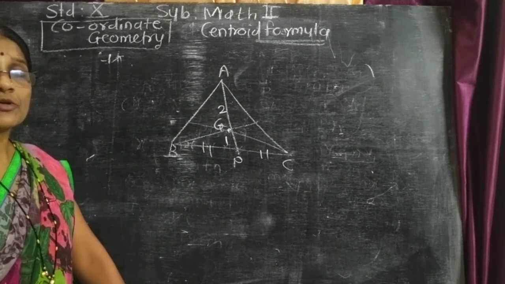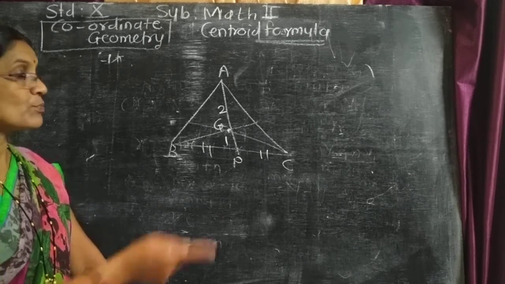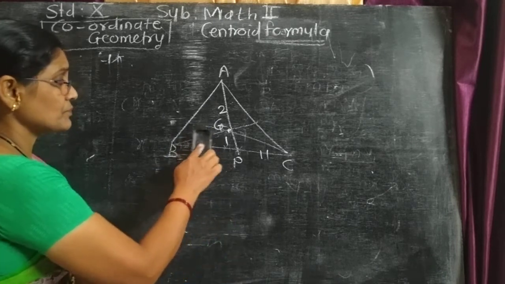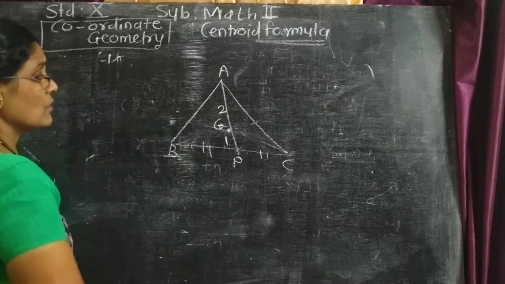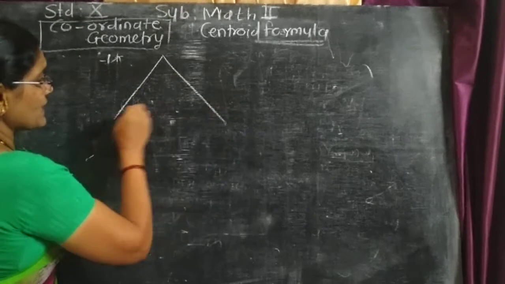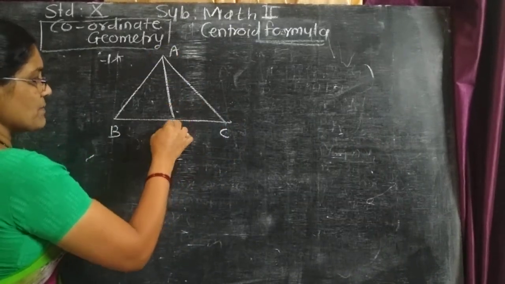Now we have to use both formulae, the midpoint formula and the section formula, to find the coordinates of G. How? See here, suppose this is the triangle ABC, which we draw again. P is the midpoint.